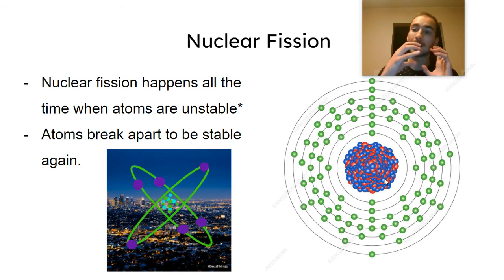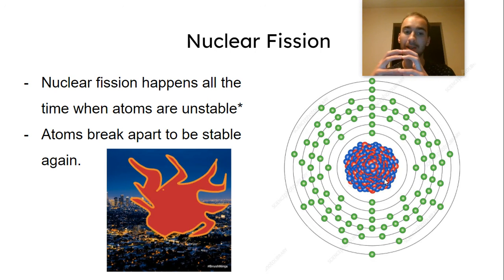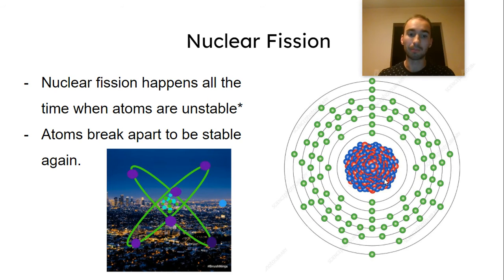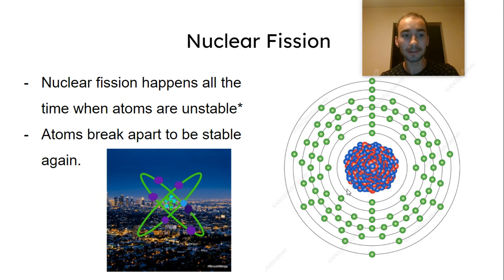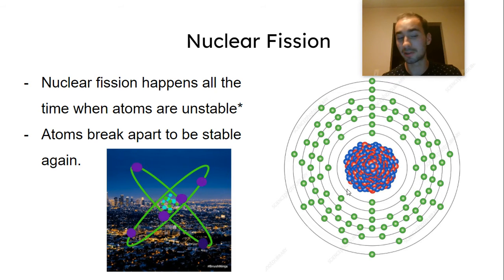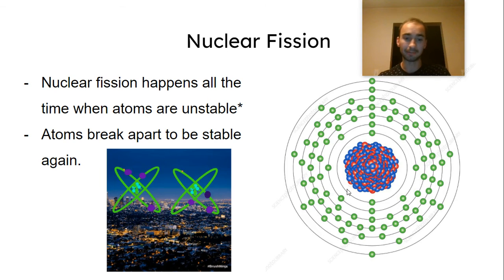Since it's so big, it's a lot harder for the nucleus to keep it all together. So, bigger atoms go through nuclear fission a lot more often. And that's why we prefer it. Okay? So nuclear fission happens all the time because it's unstable. They break to be stable again.